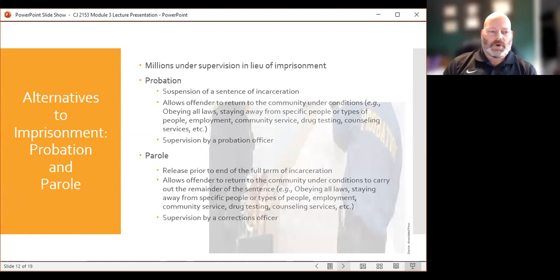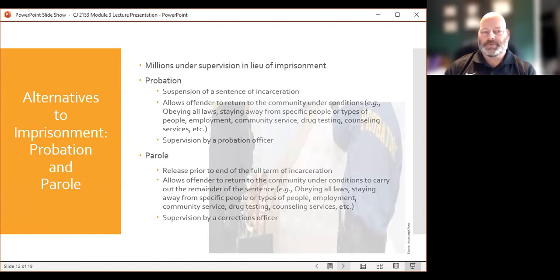Let's move on to alternatives to imprisonment. And the first alternative is pretty familiar to most of you in criminal justice: probation and parole. There are millions of offenders that are under supervision across this country in lieu of being in a prison.